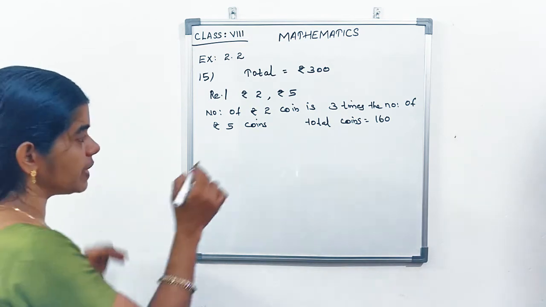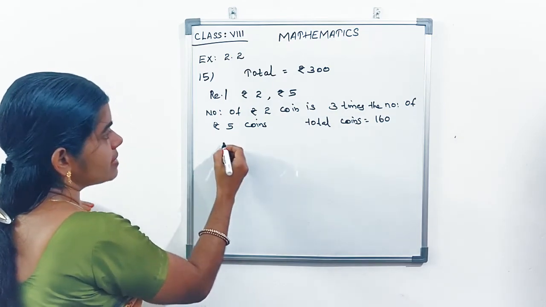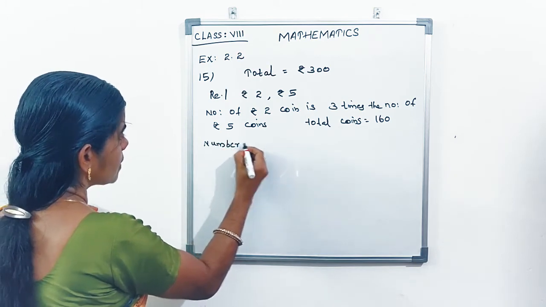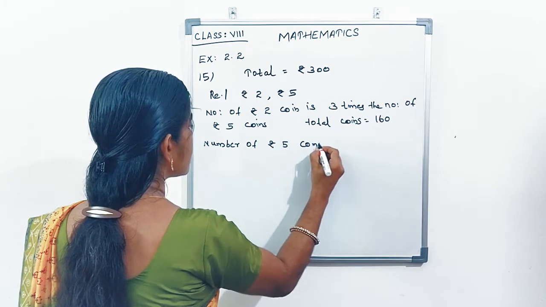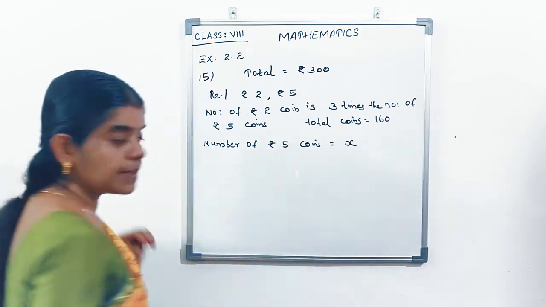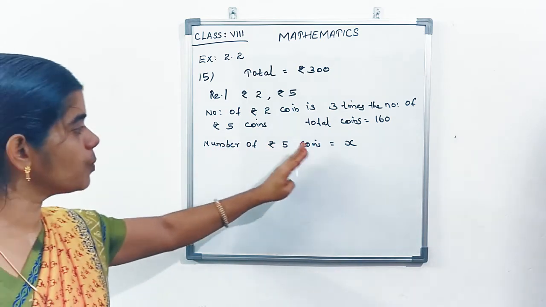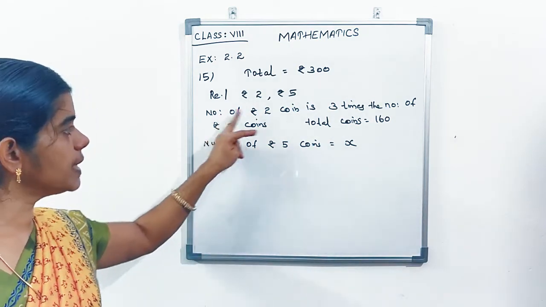Therefore, first we assume the number of 5 rupee coins is equal to X. We don't know the number, that's why we take the number of 5 rupee coins as X. Why do we choose the 5 rupee coin? Because they have given the relation like that.